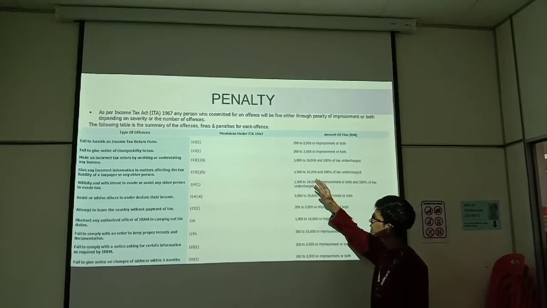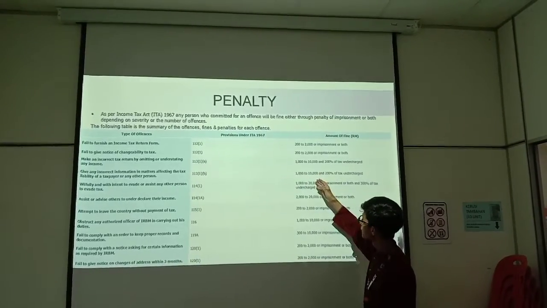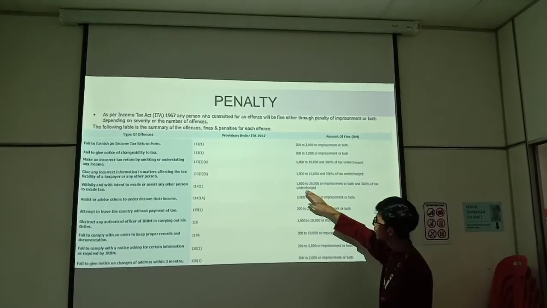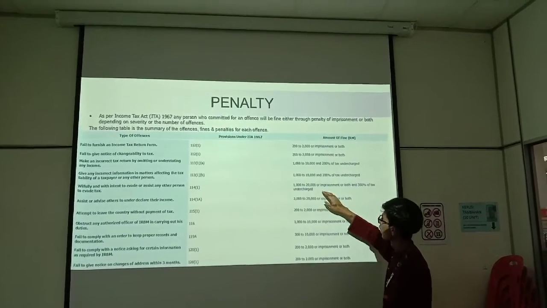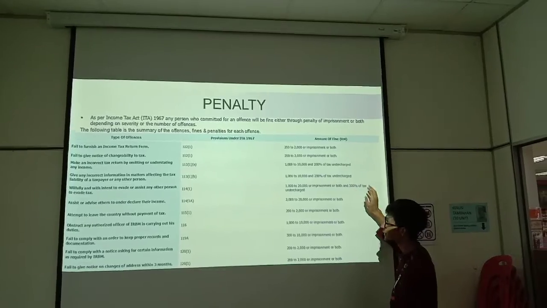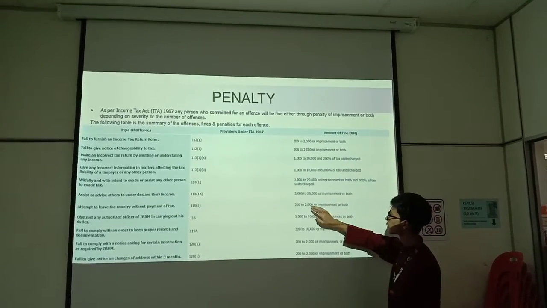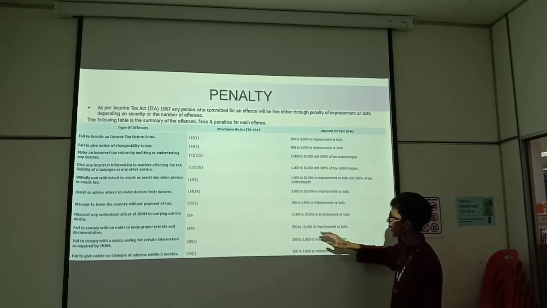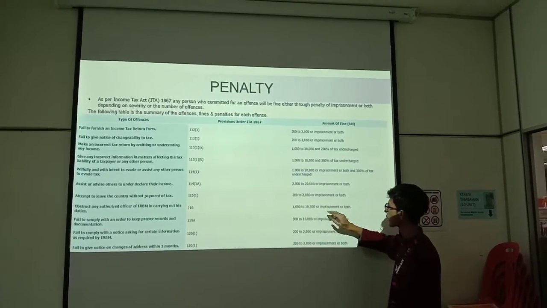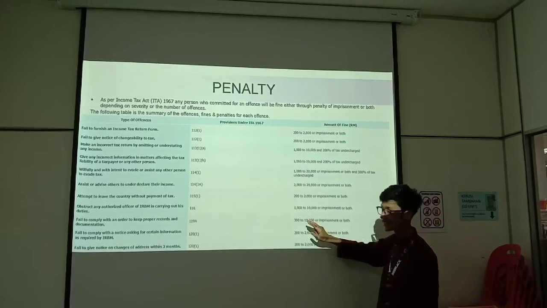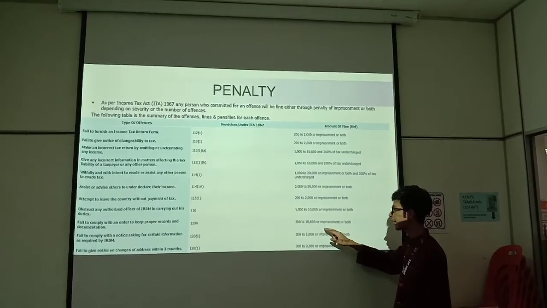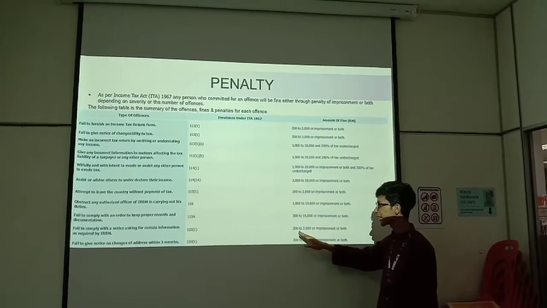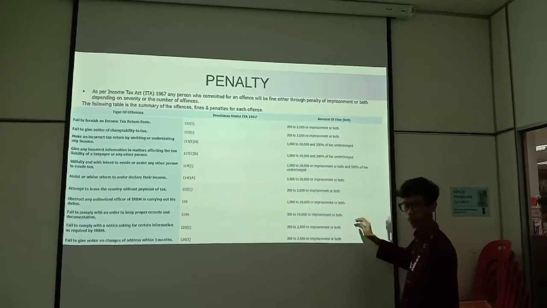So you can see we also have 1,000 to 10,000 and 200% of tax undercharged, and also 1,000 to 20,000 or imprisonment, or both, and 300% of tax undercharged, and also 2,000 to 20,000 or imprisonment, or both, 1,000 to 10,000 or imprisonment, or both, 300 ringgit to 10,000 ringgit or imprisonment, or both, and lastly 200 ringgit to 2,000 or imprisonment, or both.